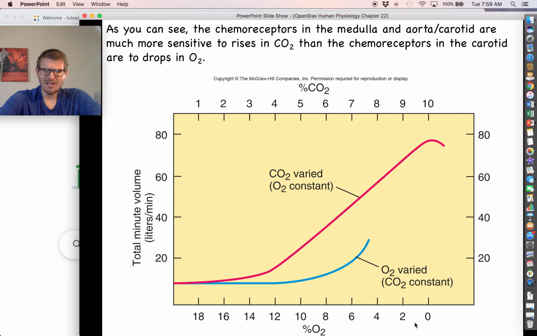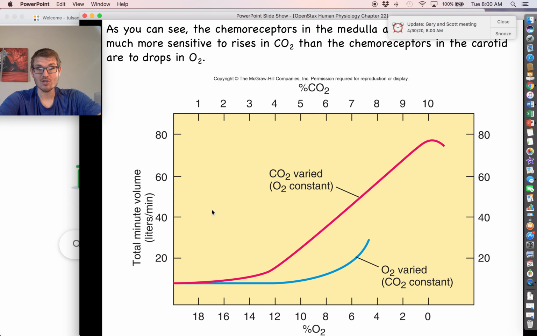If you look at the red graph, in which the amount of oxygen is kept normal, meaning oxygen is not changing, we can consider our internal PO2 numbers to be just fine, but carbon dioxide starts to go up. You'll notice that almost immediately after we start getting carbon dioxide a little uncomfortably high, our autonomic control mechanism jumps into effect and we start breathing more and more.